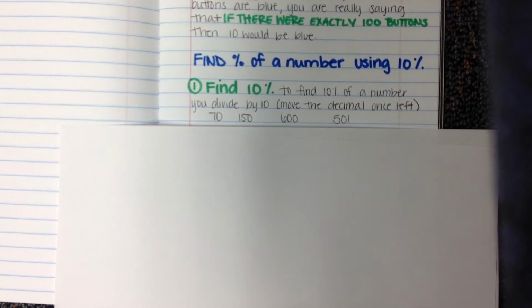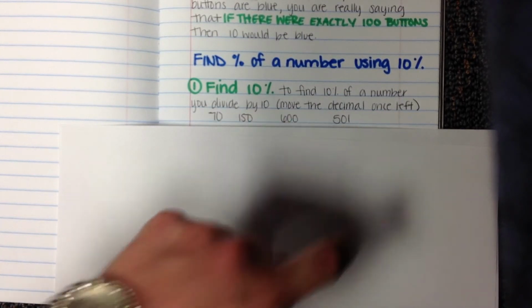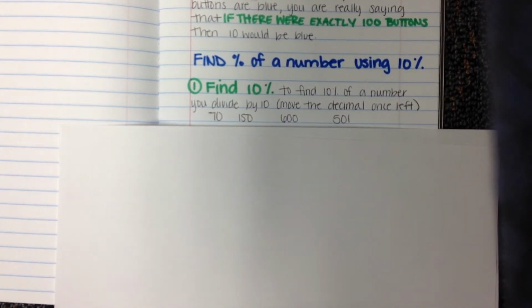So if you think about that, 10% of 100, that means in a perfect world where there are 100 of something, 10 would be favorable. If I say 10% of the buttons are blue, I mean exactly 10 are blue if there are exactly 100 of something. Well, how do I get from 100 to 10? I divided it by 10. I moved that decimal once to the left.